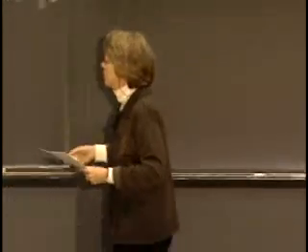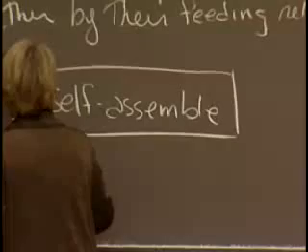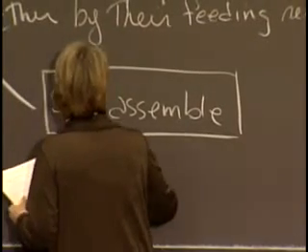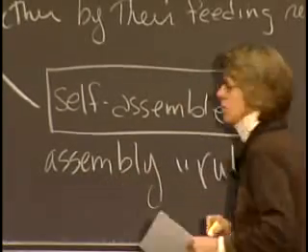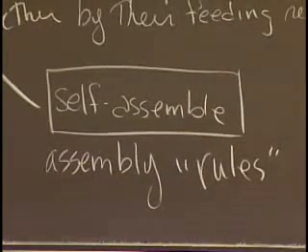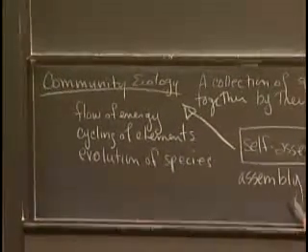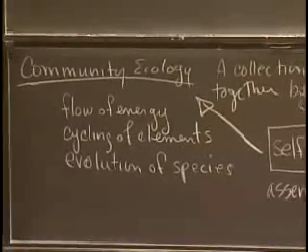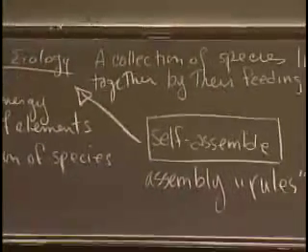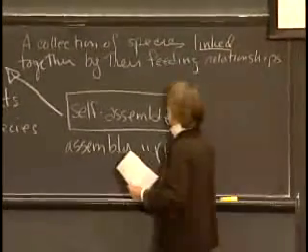That's really one of the challenges of ecologists, to understand the assembly rules of communities, if there are any. Now, we're not going to really get into that. We're just going to start looking at the real fundamentals of community ecology, which is what are the possible interactions between species that shape evolution.